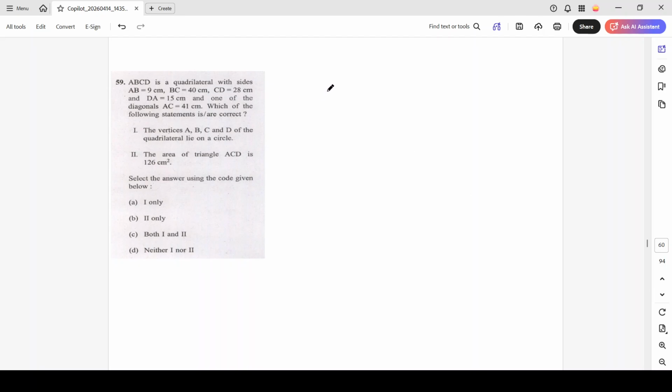ABCD is a quadrilateral with sides AB 9 centimeter, BC 14 centimeter, CD 28 centimeter, DA 15 centimeter. One of the diagonals AC is 41 centimeter. Which of the following statements is correct? So what it says, there is a quadrilateral ABCD whose four sides and one diagonal are given to us.